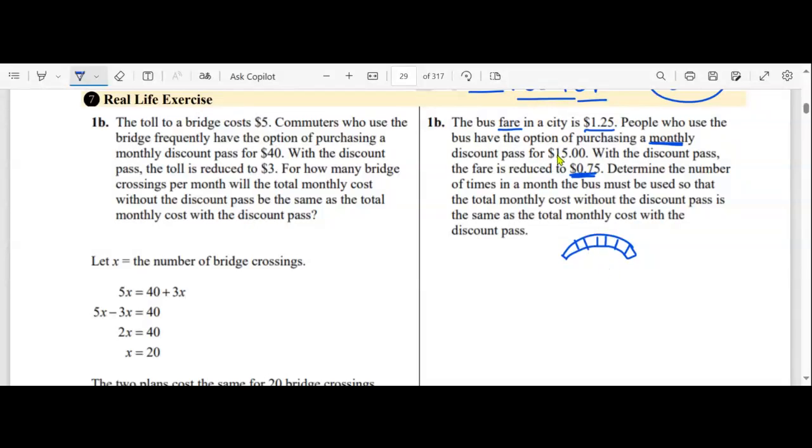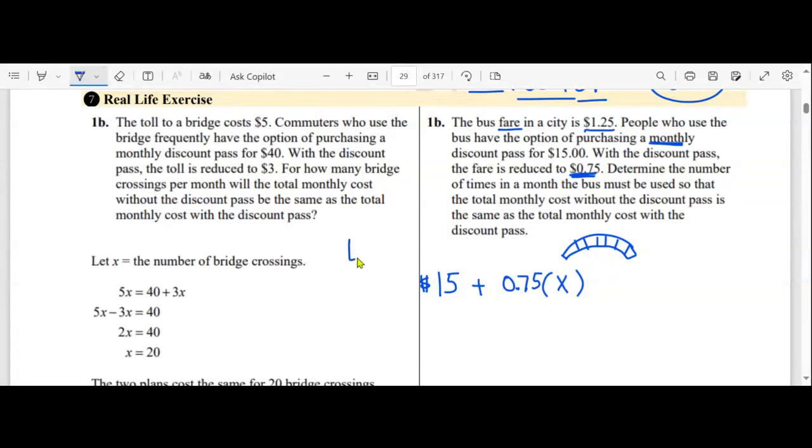So, how much will the discount pass cost? $15. How much is the base fare reduced to? 0.75. How many times do you use the 0.75? How many times are you going to use it?